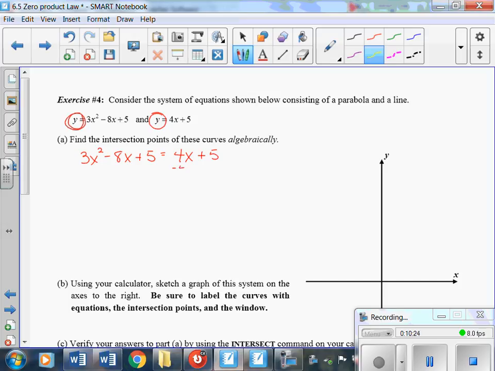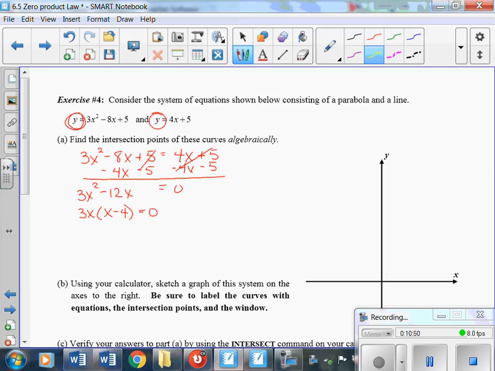We're going to move these over, and these cancel to 0. This cancels to 0, and I get 3x squared minus 12x is equal to 0. And now GCF it, so look for that GCF, factor out a 3x, and I'm left with x minus 4 is equal to 0.